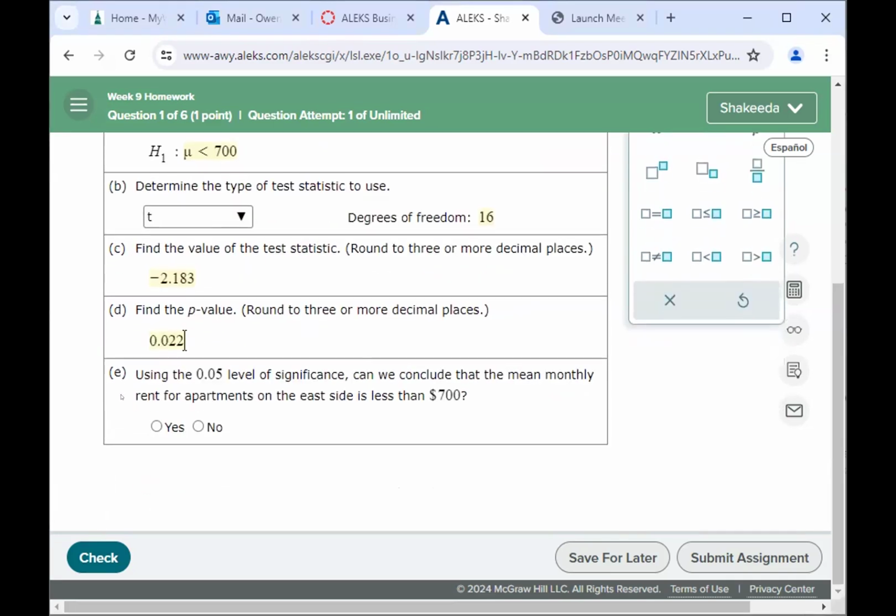Okay, now hold on, let me make sure. Using the 0.05 level, test whether the mean monthly rent for apartments on the east side is less than 700. 0.022, yeah, one-tailed.